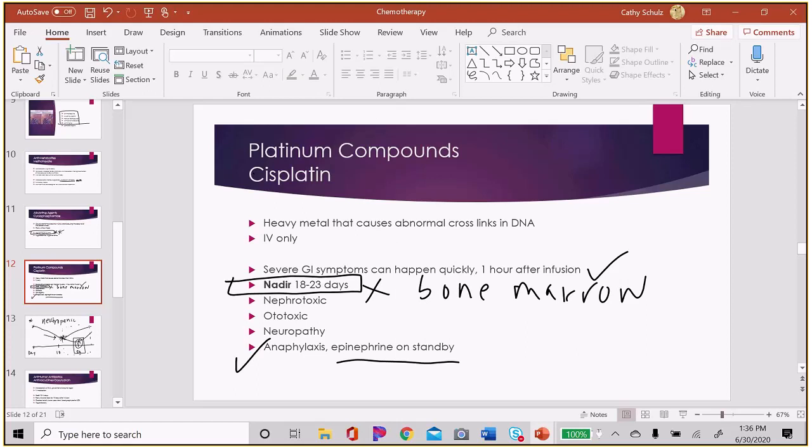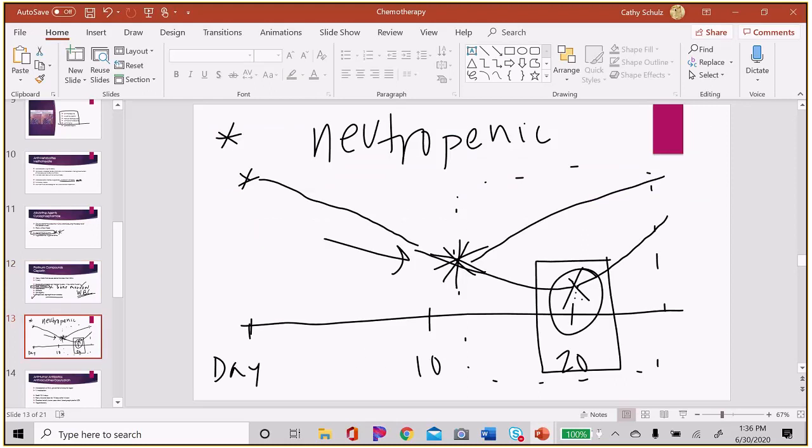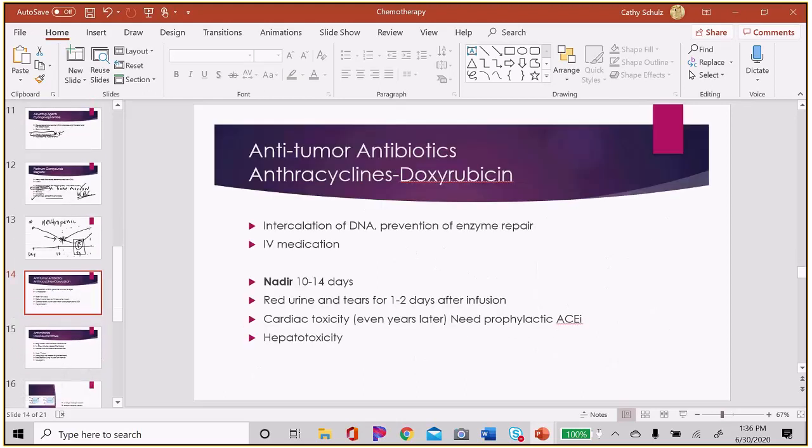But the reason that's important, especially the white count that we're worried about, is because of their risk of infection and the need to protect them. And then it also offers the opportunity to give the patient a growth factor, which we would want to give, if we could, before they experience the lowest point.